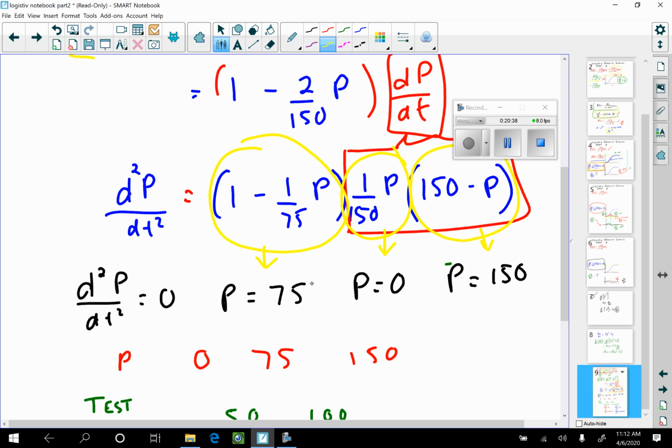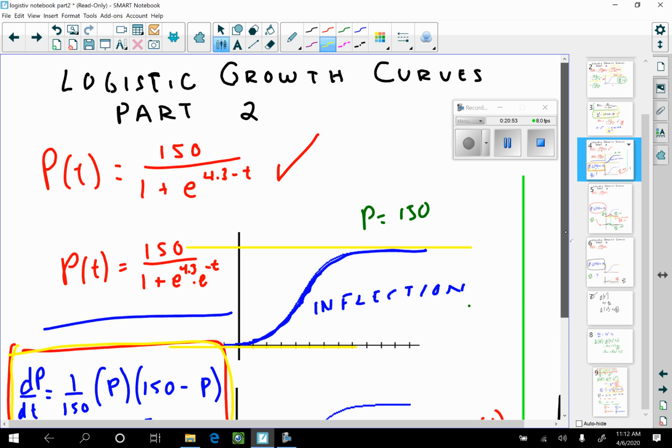And if I split my domain, my population domain is going to go from 0 to 150. If I review that graph, my population is only going to go from 0 to 150. So I'm going to do some test values on that, only from 0 to 150.